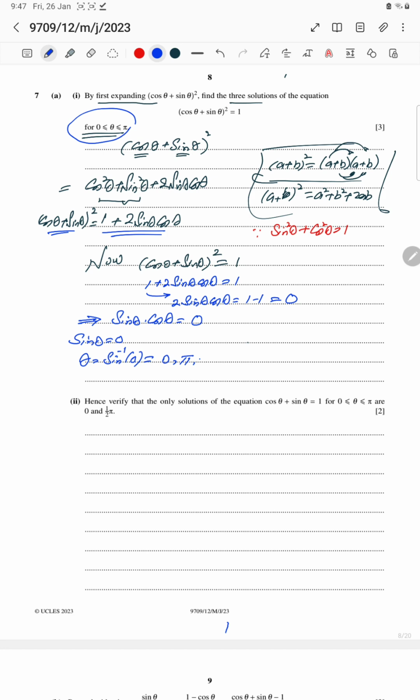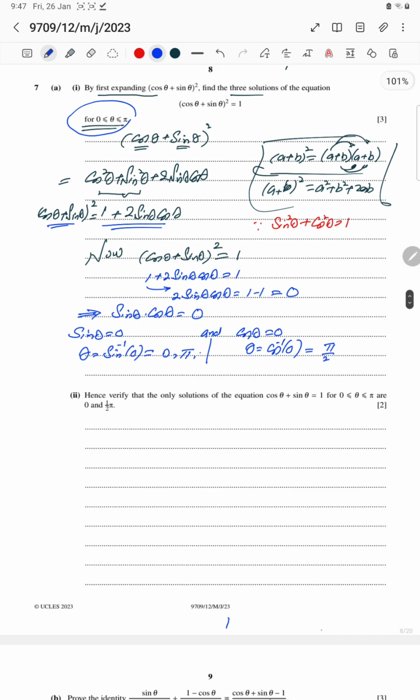Also, cos theta equal to 0, so theta is cos inverse of 0, and it will be 0 when theta is pi by 2 or 3 pi by 2, but 3 pi by 2 is beyond the given domain, so we will not take this value.